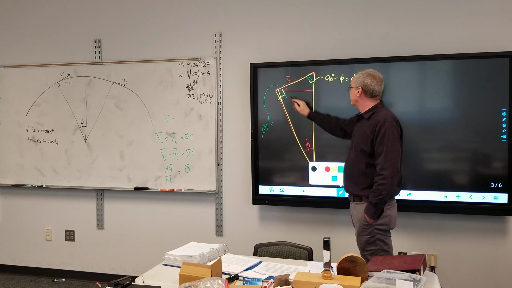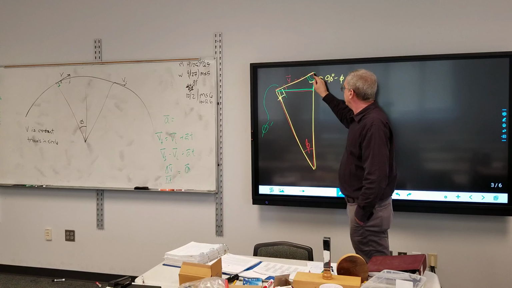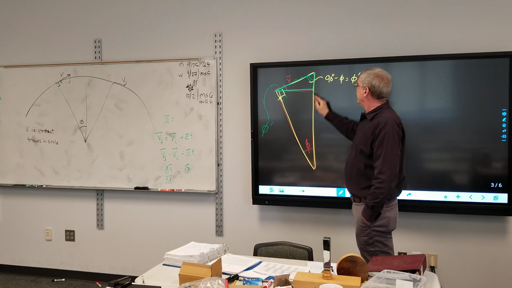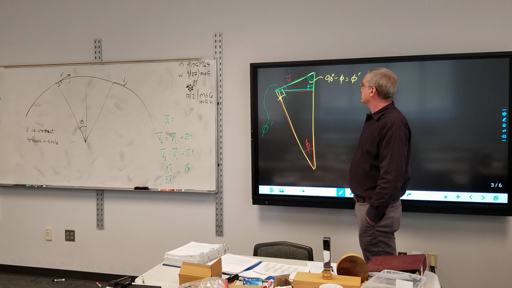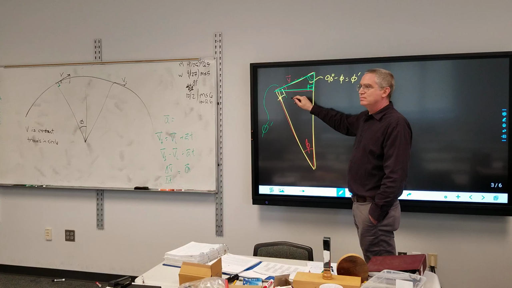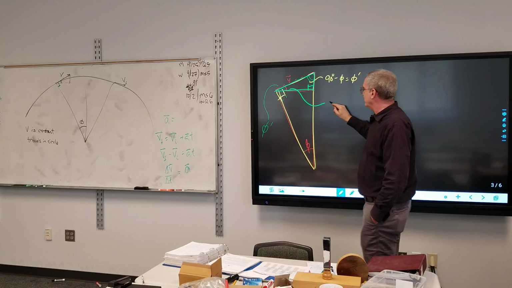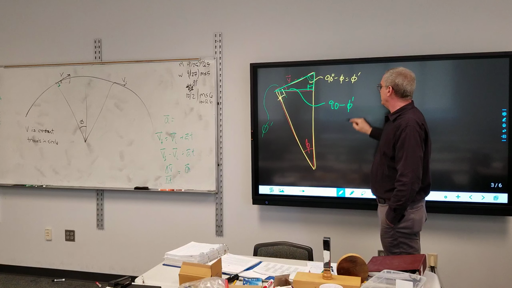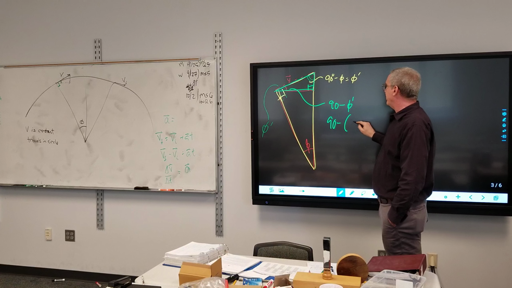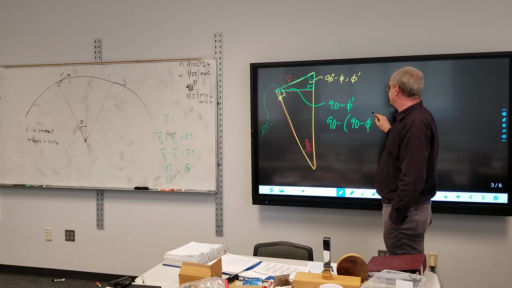Now let's look at the smaller triangle. That's a right angle there, so 90 minus phi prime, which would be, all right, so that is 90 minus phi prime. Phi prime is just 90 minus phi.